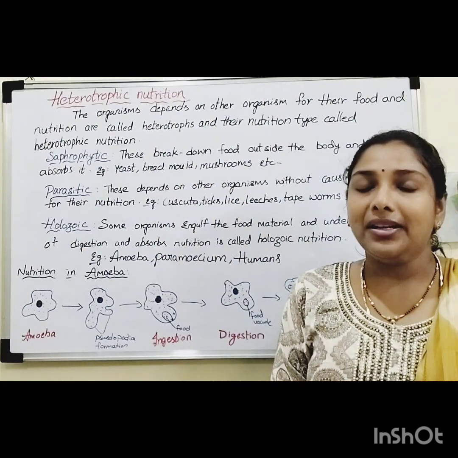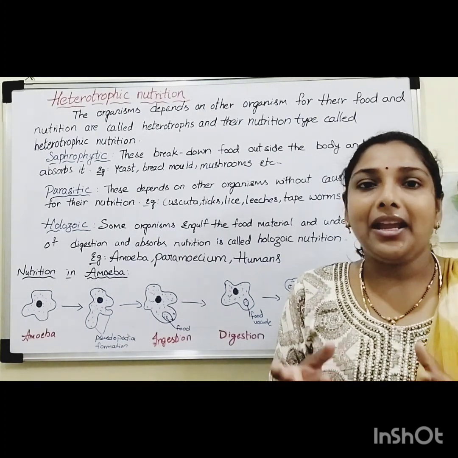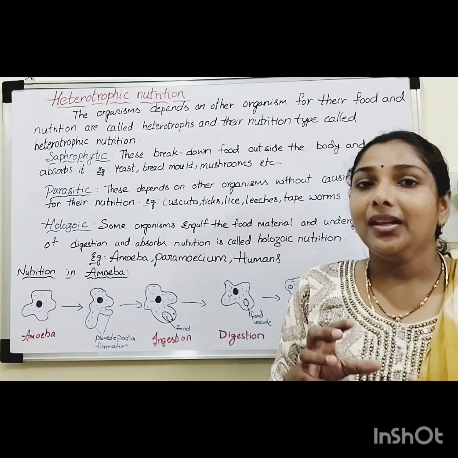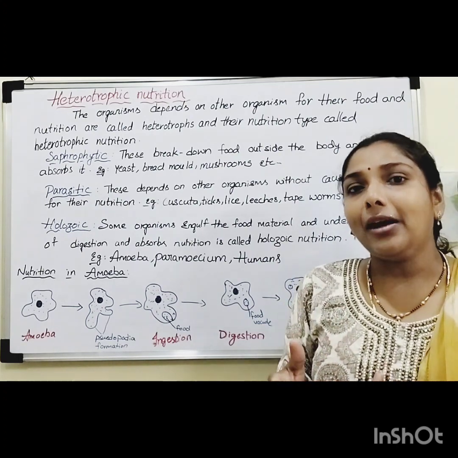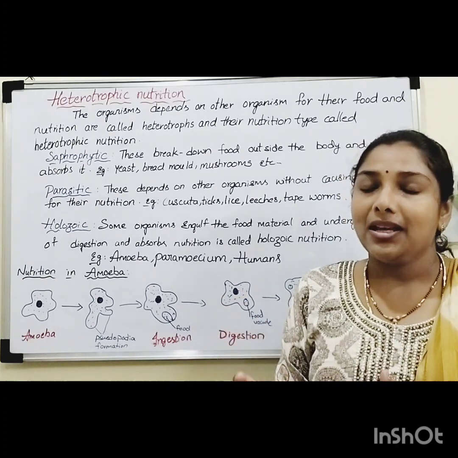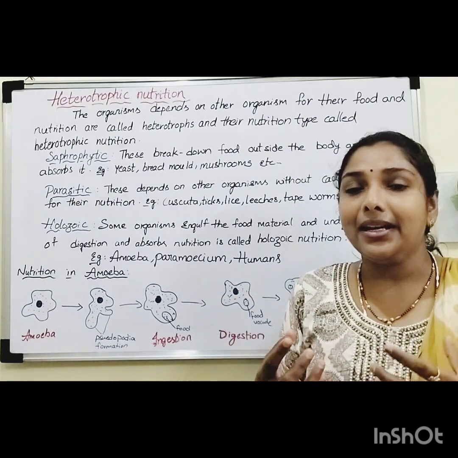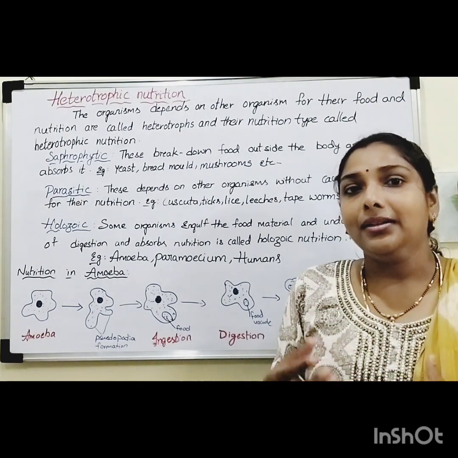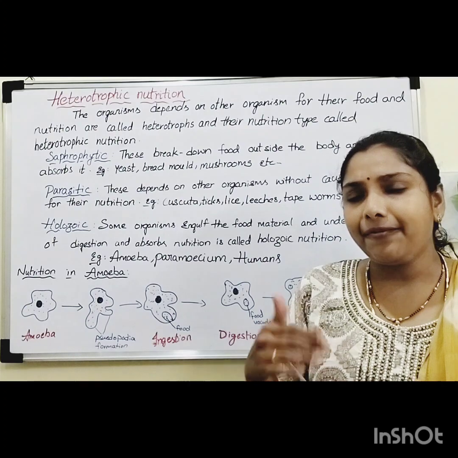In unicellular organisms, there is no digestive system, so the digestion differs compared to multicellular organisms like animals and humans. Animals and humans possess a large alimentary canal, so the digestion undergoes different steps.